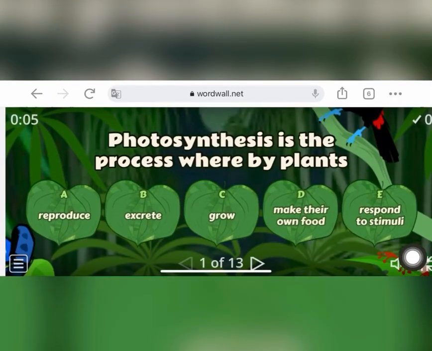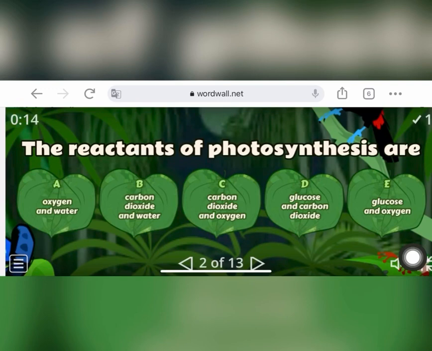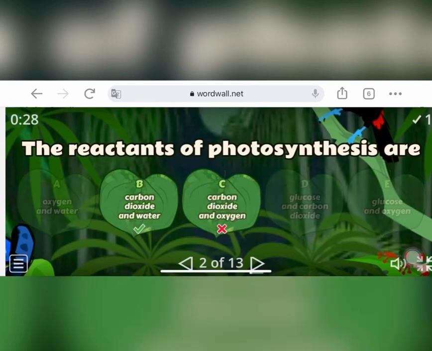Photosynthesis is the process whereby plants make their own food. Great! The reactions of photosynthesis are carbon dioxide and water.